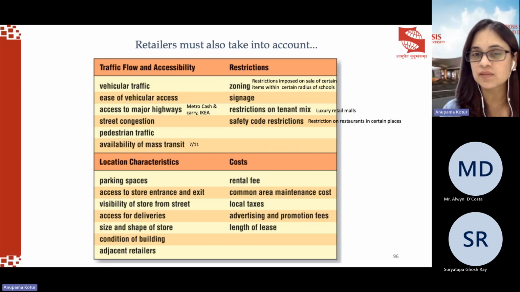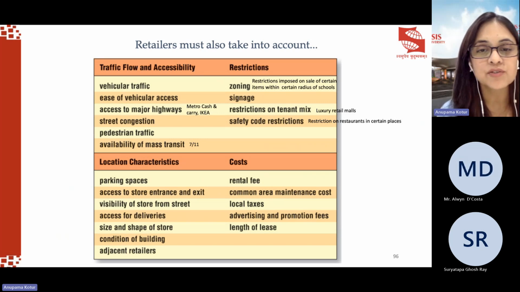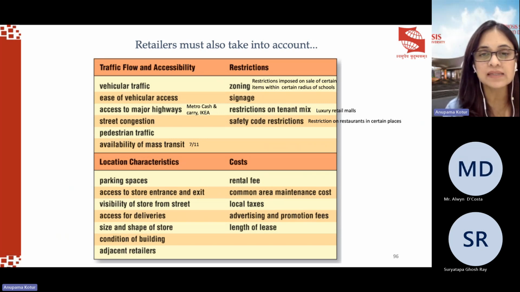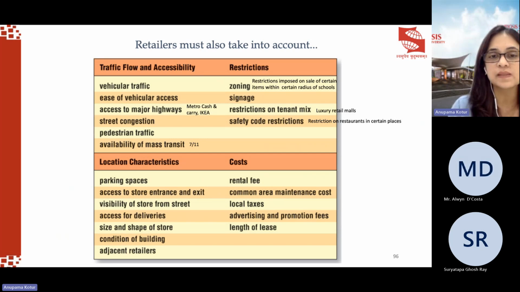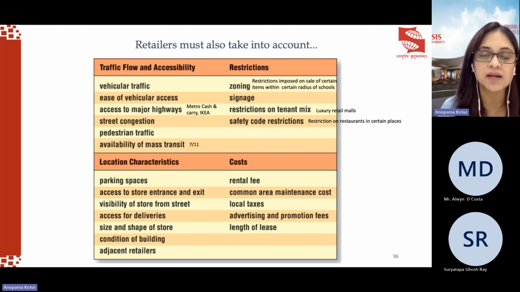Access to major highways, your IKEA all over the world has adopted this strategy. Metro Cash and Carry, which is a German brand, started operating in Bangalore first, and now Metro Cash and Carry has been acquired by Reliance. Now, Metro Cash and Carry is a B2B FMCG supermarket, a hypermarket of sorts, right?